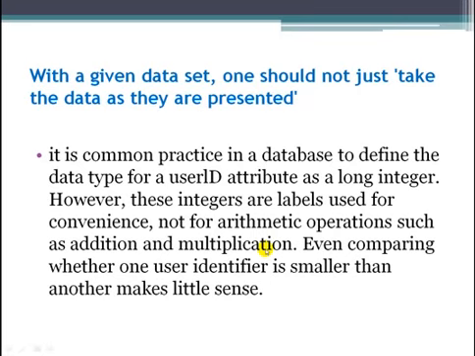A lot of times in a database you'll use an integer to express the user ID. However, these integers are labels used for convenience, not for arithmetic operations, such as addition and multiplication. Even comparing whether one user identifier is smaller than another makes little sense.